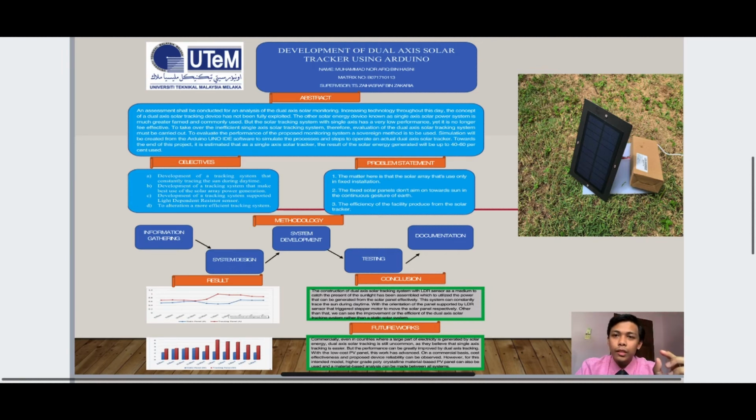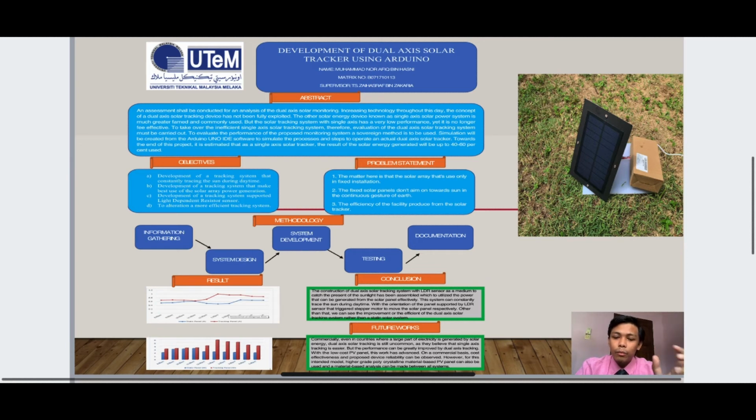Also, to study the reliability of the device, such as the material used in the solar panel, because different materials used in the solar panel can change the result a little bit.